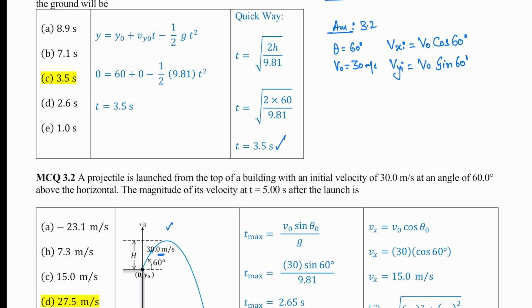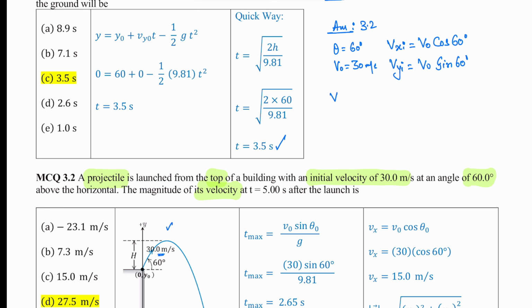Now read the question and solve it. A projectile, launched from the top of a building. Initial velocity is given. Angle is given. Find the magnitude of its velocity. This question is very, very interesting. First, you should know what is the meaning of velocity.